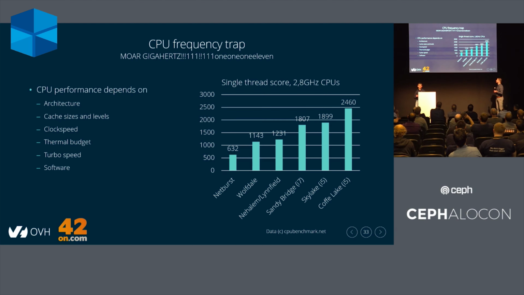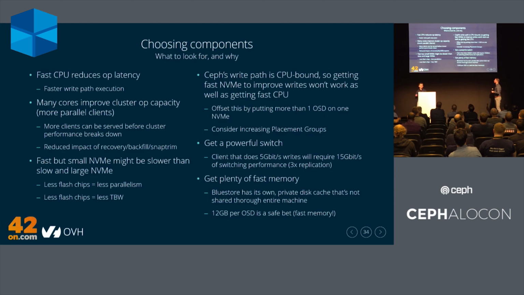It is important to note that the thermal budget plays a key role in CPU performance, because if you go over the thermal budget, it will downclock or not reach maximum turbo speed, which also differs between processors and architectures. Software matters too, because some software doesn't utilize certain instructions while others do, and they get a performance boost from that alone. So now you know what you should take into account when choosing components.